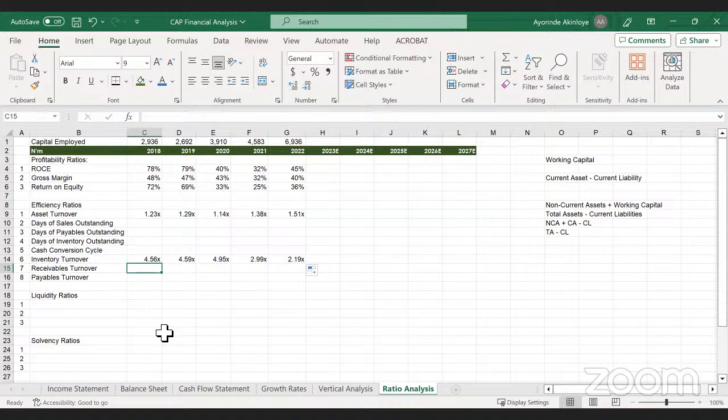Assets turnover is total revenue divided by total assets. The reason we're using total credit sales for receivables turnover is because your denominator is focusing on people that owe you, that is total receivables. So if you are calculating receivables turnover, you are to use total credit sales divided by receivables.